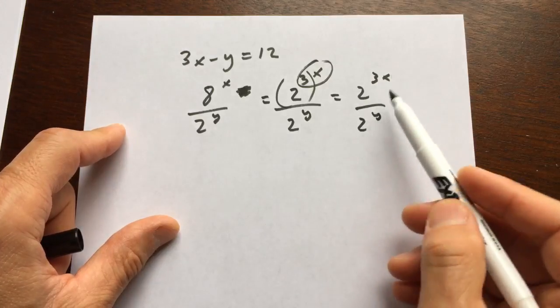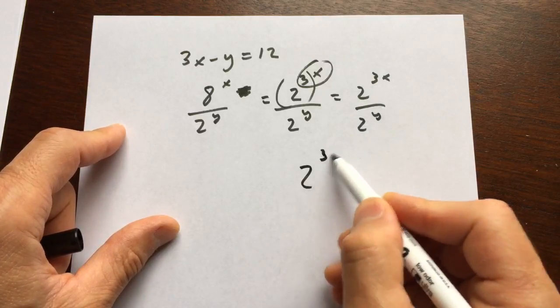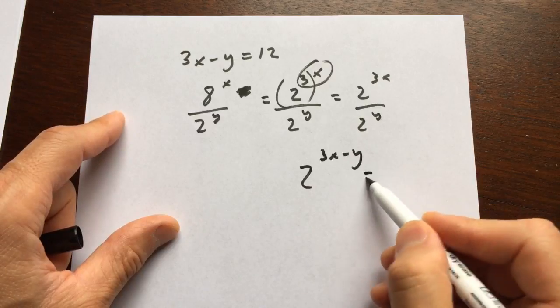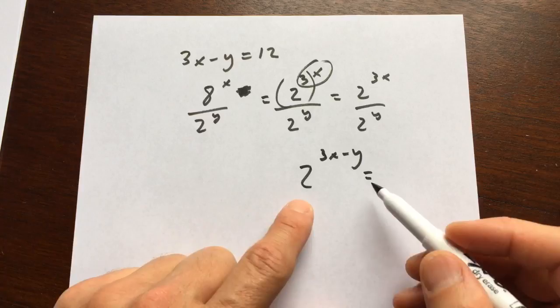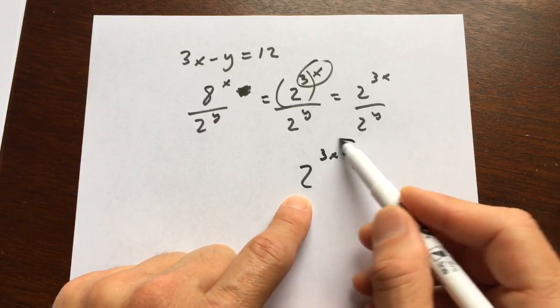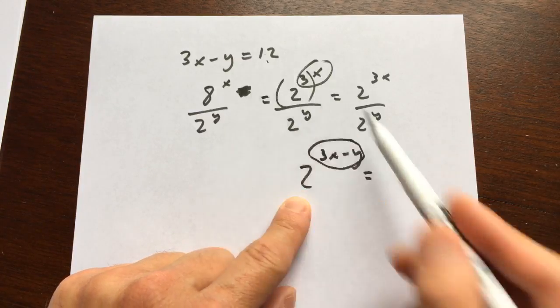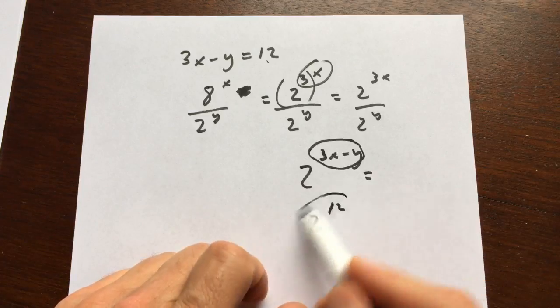And when you divide, you subtract. So what you have now is 2 to the 3x minus y power, but since that equals 12, you can write that as 2 to the 12th.